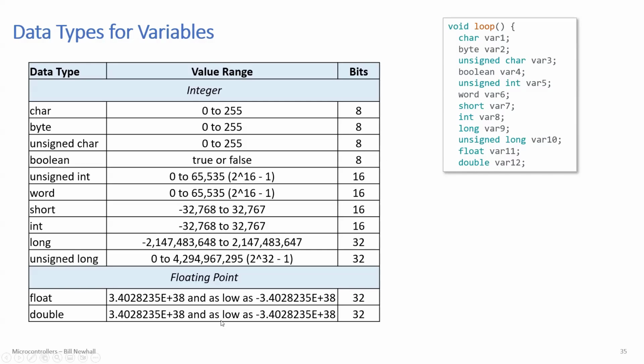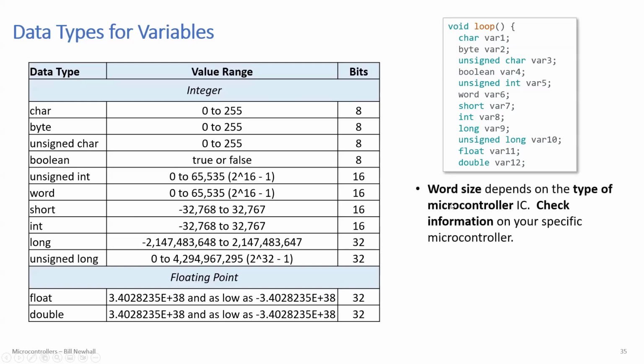Okay, and then when you get to floating point values to store fractional values, you have float and double, and they're both 32 bits, so it doesn't matter. In this compiler for this microcontroller that we're using. Okay, so they're going to vary depending upon the compiler and microcontroller you're using.